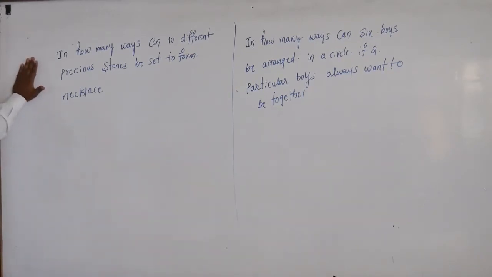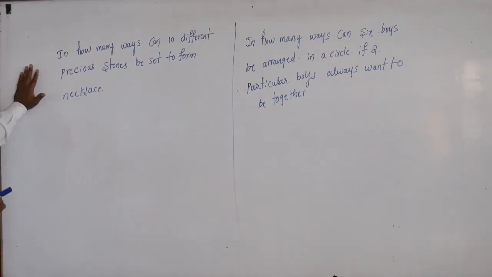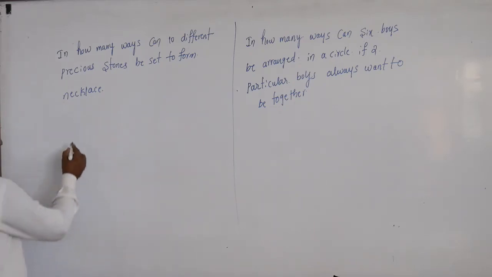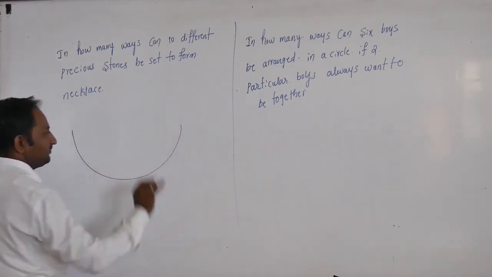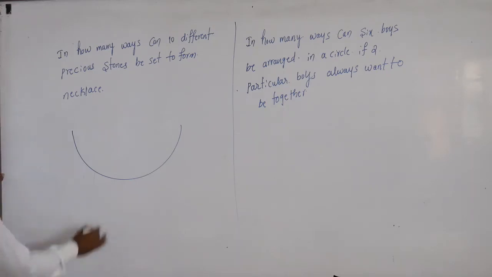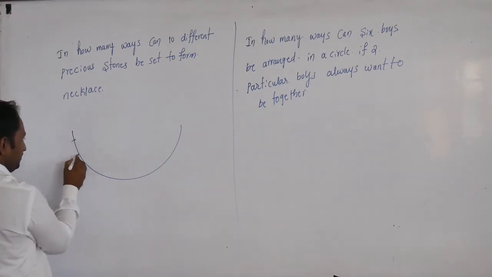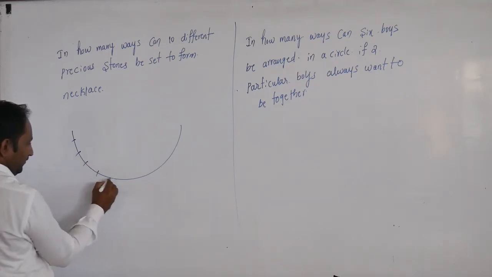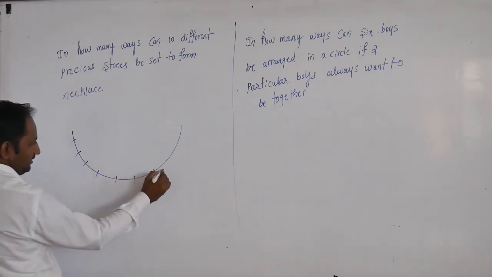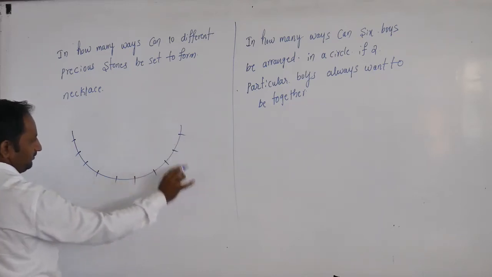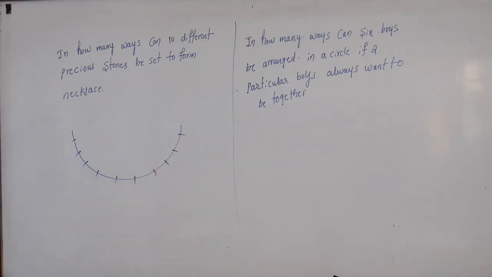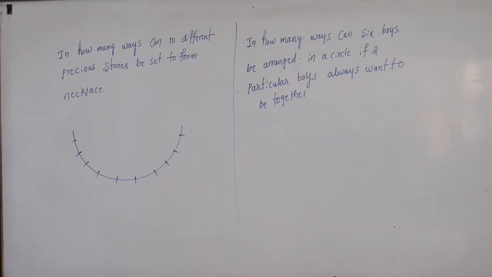Consider the next problem. In how many ways can 10 different precious stones be set to form a necklace? Here we have 10 different stones, 1, 2, 3, 4, 5, 6, 7, 8, 9, 10, arranged in a necklace.